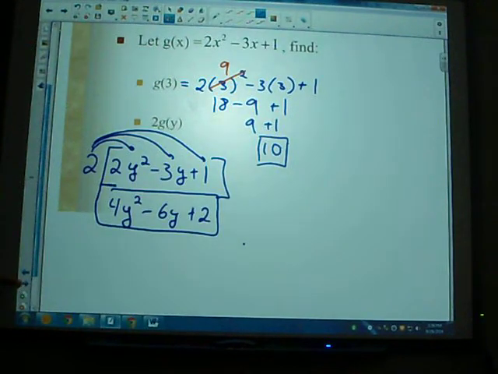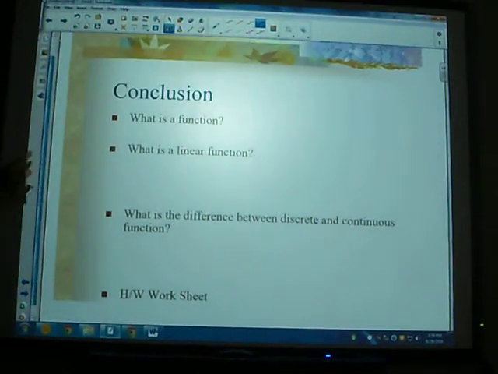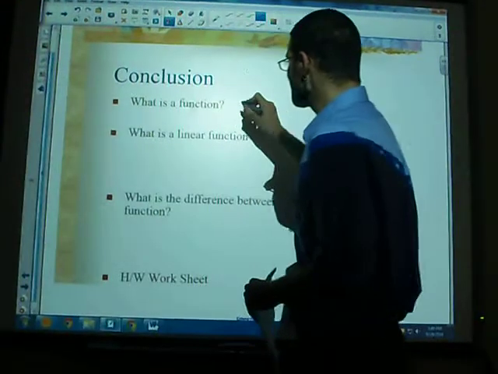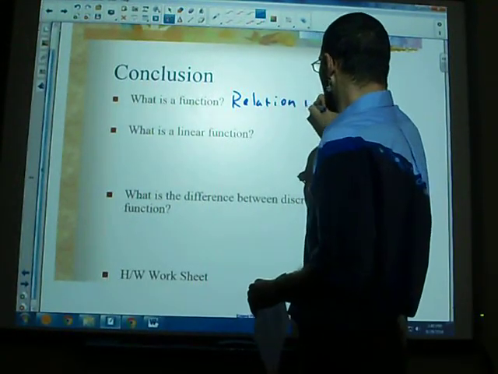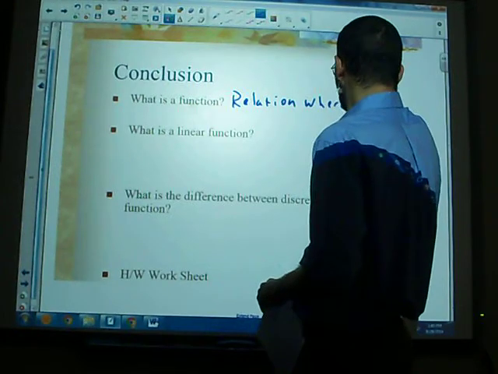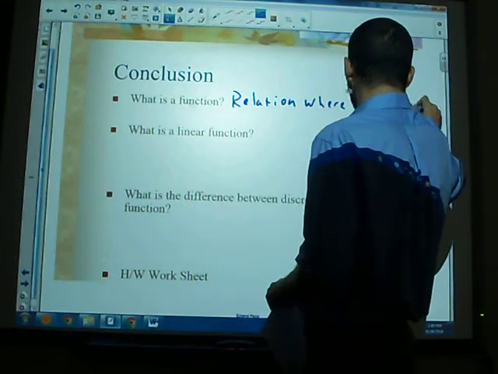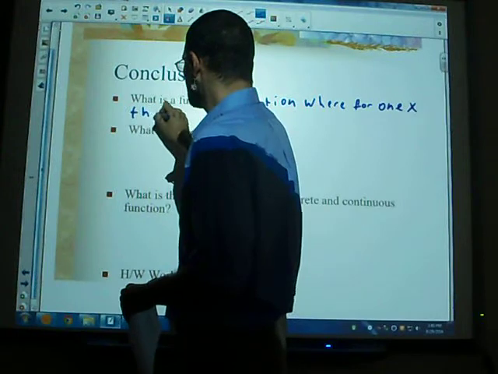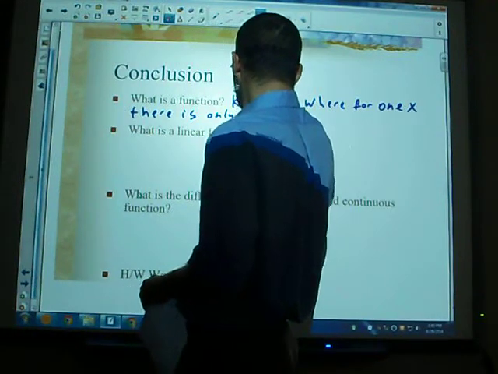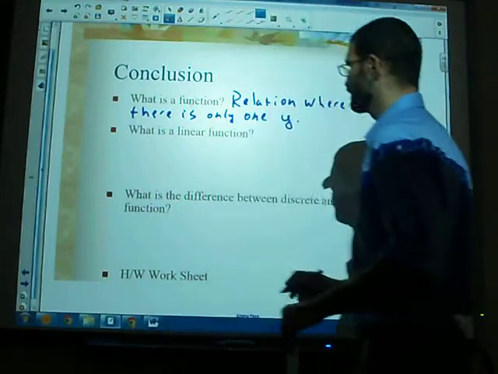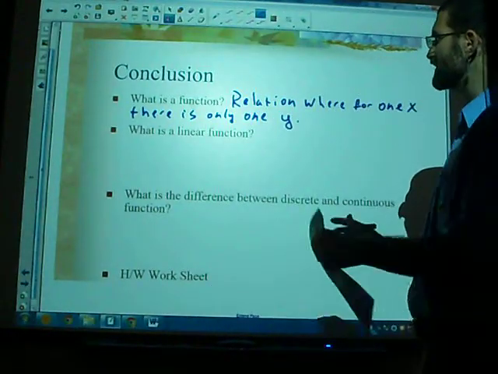So to finish up, let's do a quick conclusion. What is a function? It is a relation where for 1 x, there is only 1 y. What is a linear function?